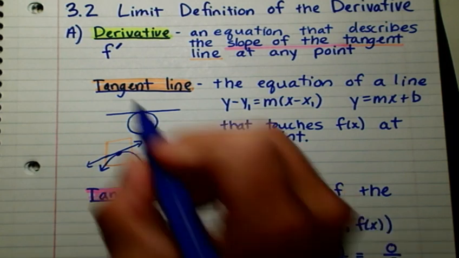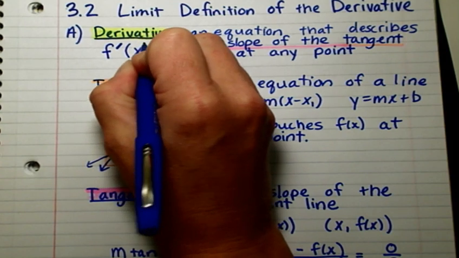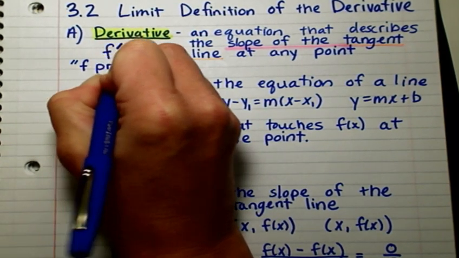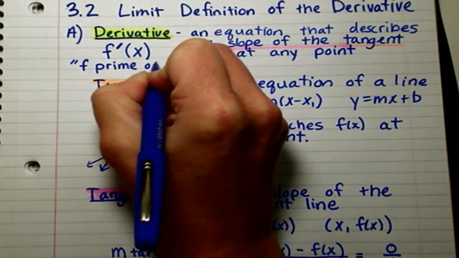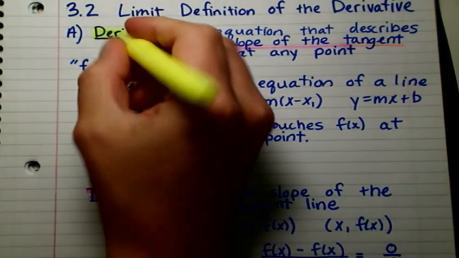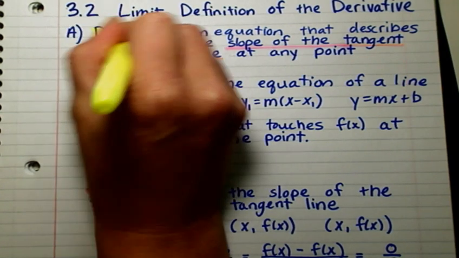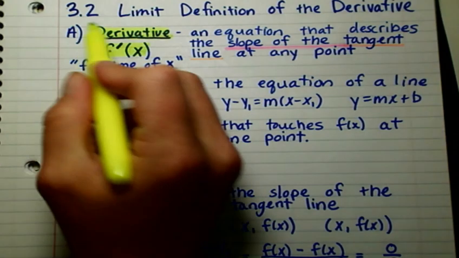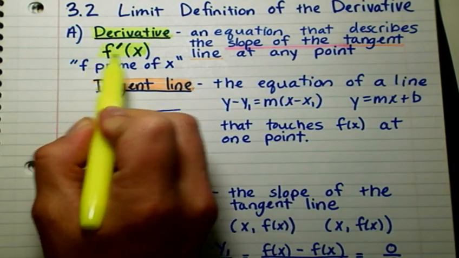It's a prime of x. And we say it f prime of x. And I'm putting it here next to derivative because they're interchangeable. Okay, the derivative is f prime of x.